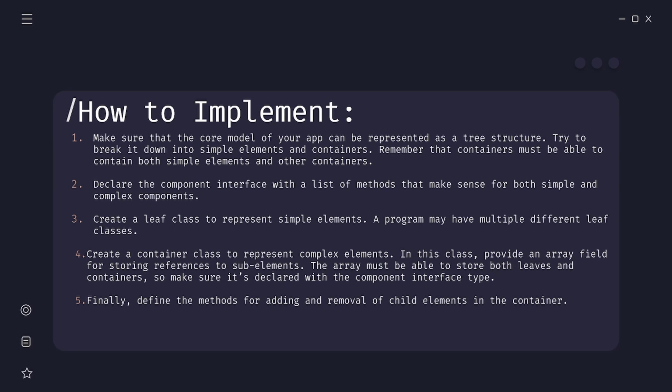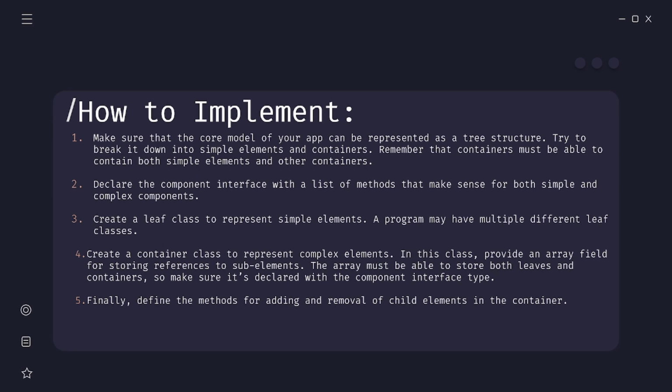After that, declare the component interface with a list of methods that make sense for both simple and complex components. Next, create a leaf class to represent simple elements. A program may have multiple different leaf classes. And before the final step, create a container class to represent complex elements.